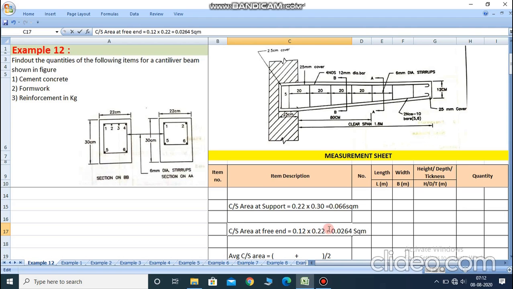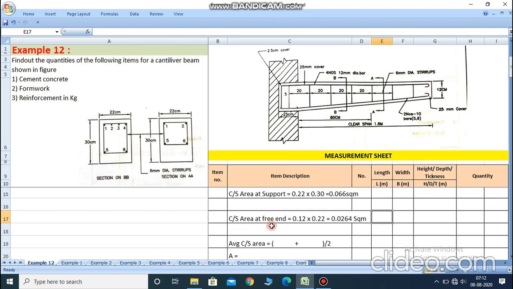Now, since we have a less thickness and a higher thickness, we take the average cross section area of the cantilever beam.